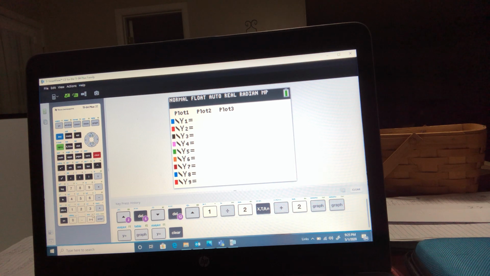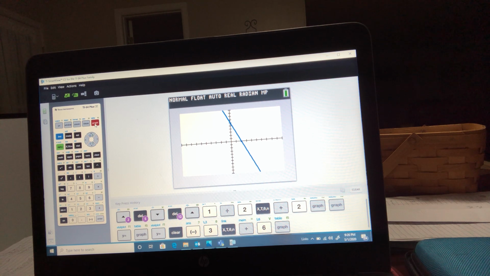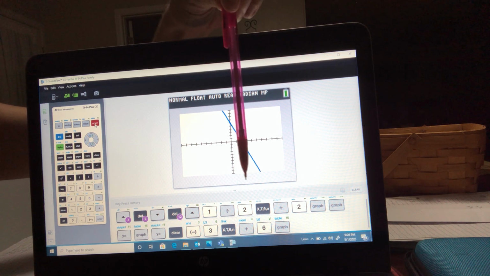Okay, so now it is negative 3x plus 6. And press graph. So you will see that it is a line, and to tell if it's a function, you do a vertical line test. So again, hold your pencil vertically.